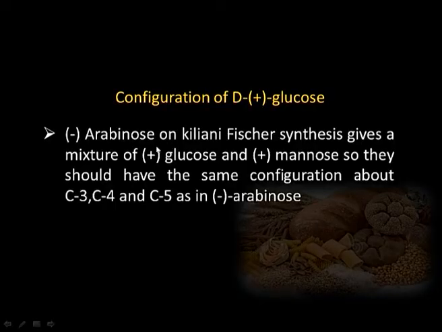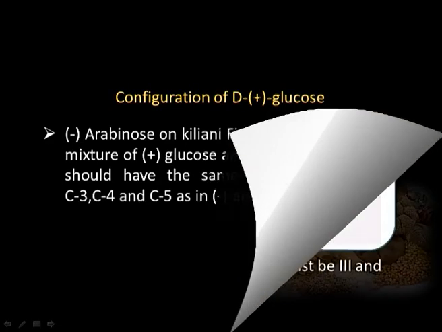Since here they are obtained in the same Kiliani-Fischer synthesis from the same compound, plus glucose and plus mannose should have the same configuration about carbon number 3, carbon number 4 and carbon number 5, and this should correspond to the configuration of arabinose.